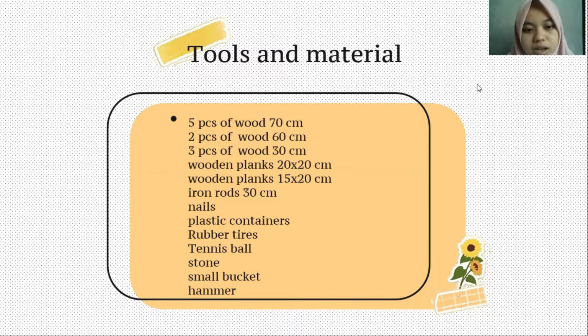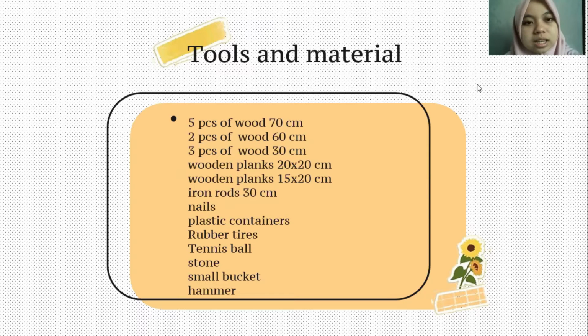The shape of the catapult that we made is very much like the 3x catapult, but we made some modification. We do not use a rod to throw the ball, but we directly put the ball at the end of the catapult. So we take advantage of the weight and the height to throw the ball, the tennis ball.